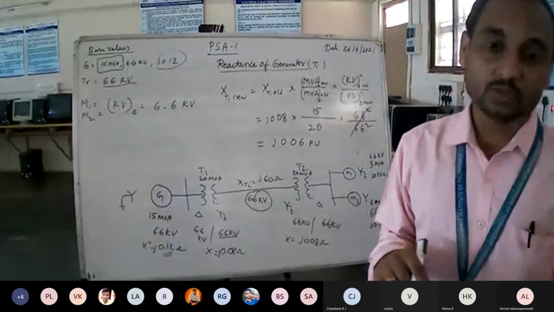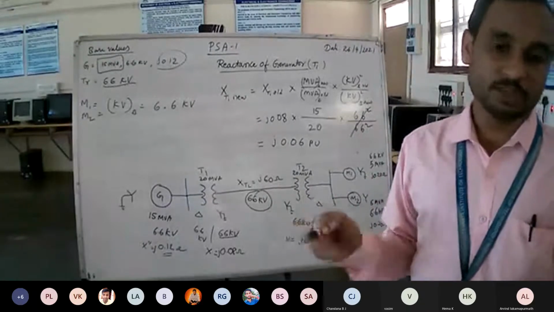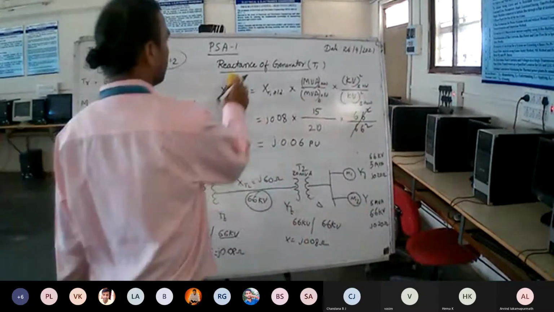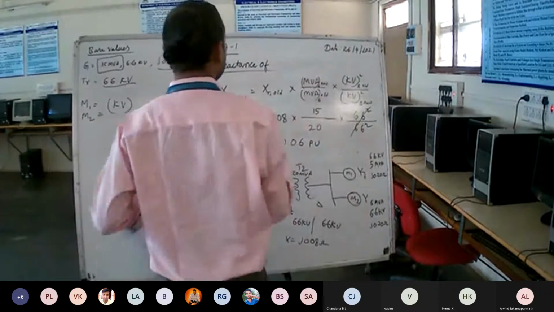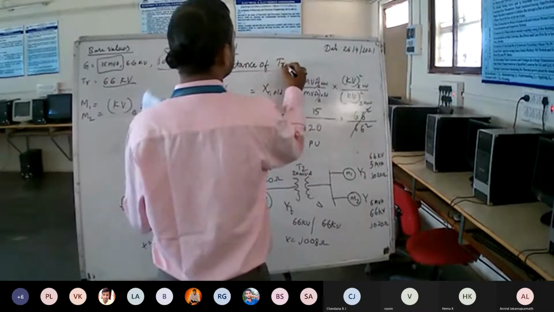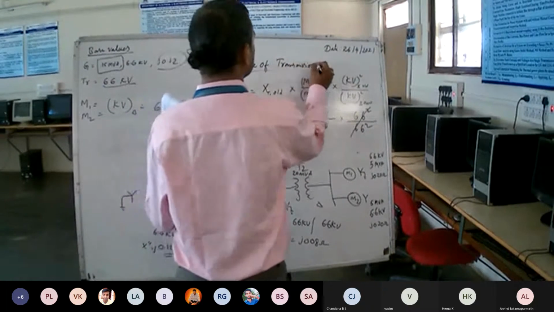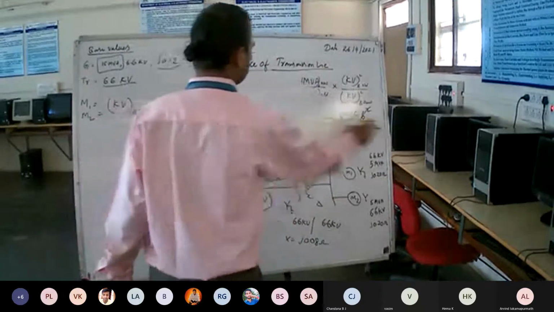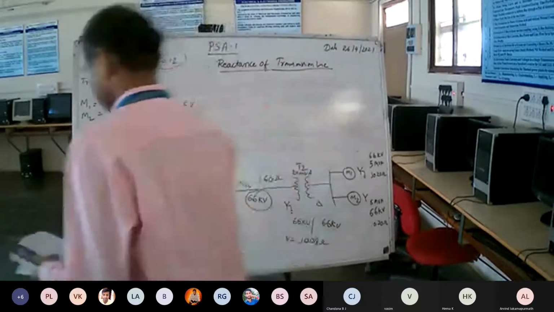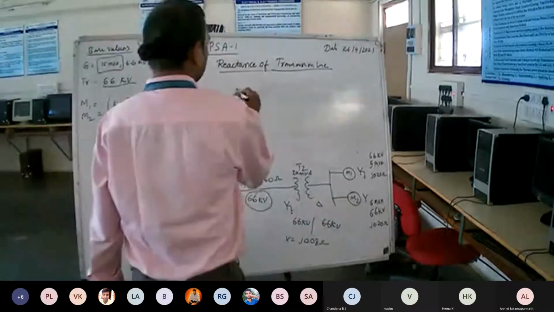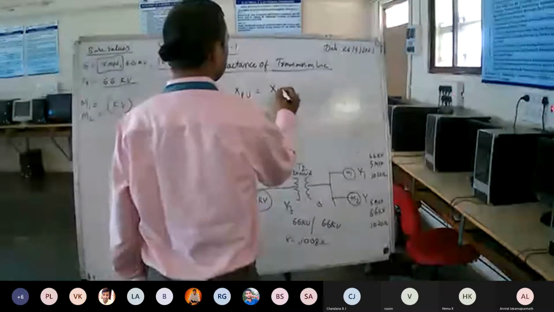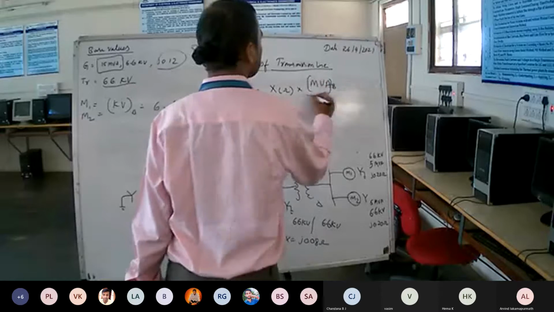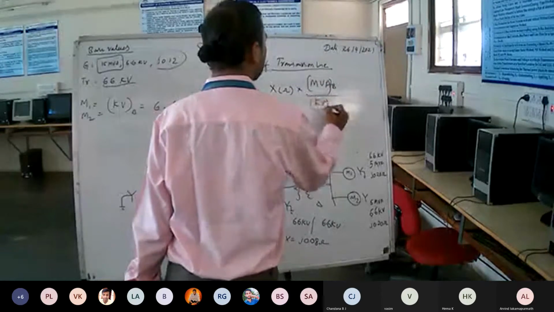X per unit is equal to X in ohm into MVA base by kV base square.